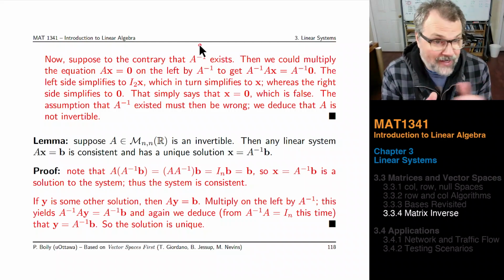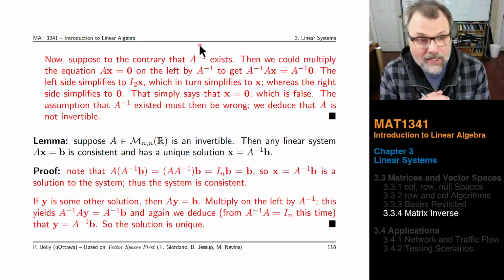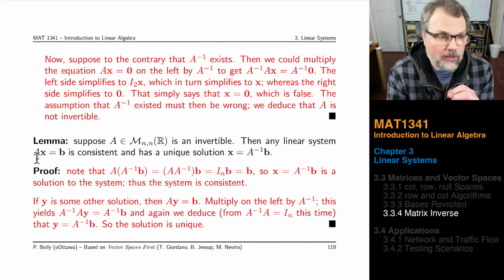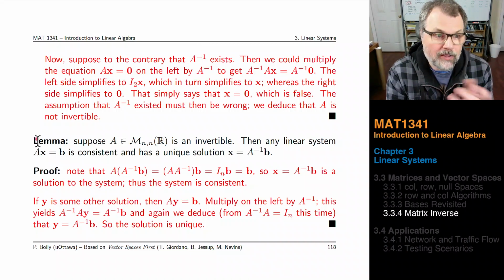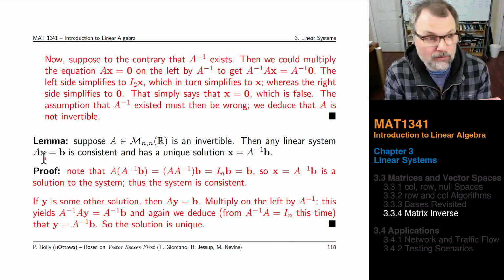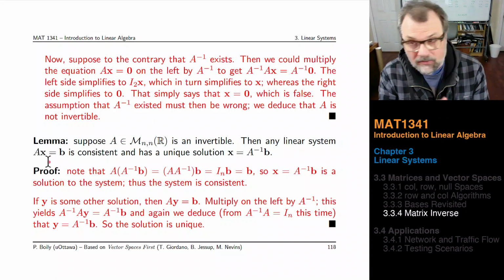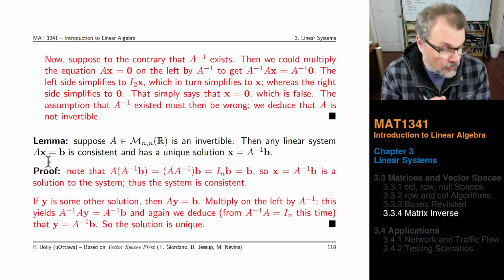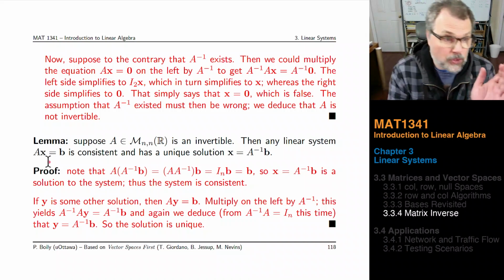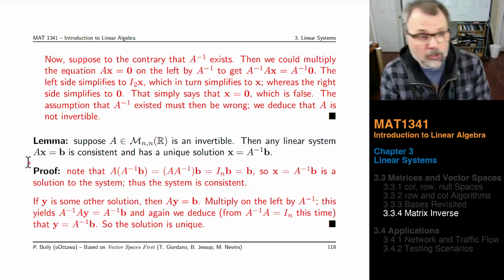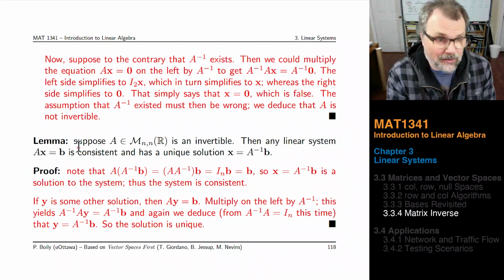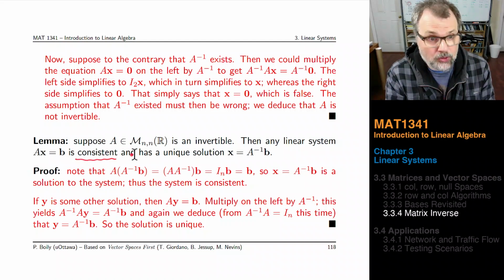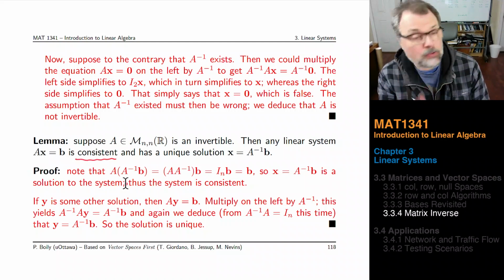Let's say we have now a matrix n by n which is invertible. Any linear system that you can write as Ax equals b, and here we're back to treating x as a vector of unknowns, b is a vector of constant terms. Any such system, assuming that the matrix A is invertible, is automatically consistent. So there's at least one solution. And in fact, the solution is unique.